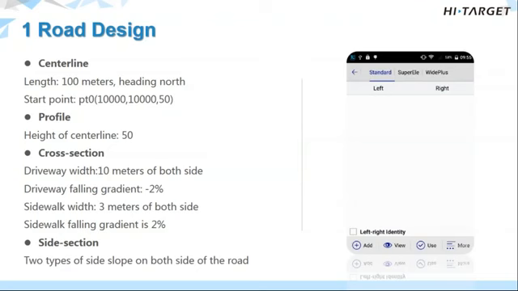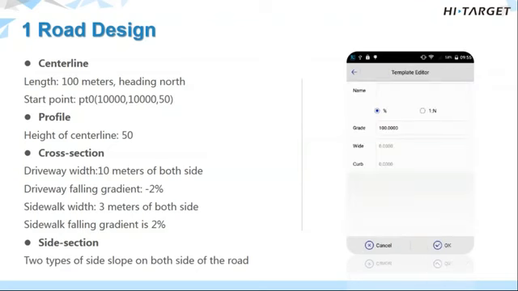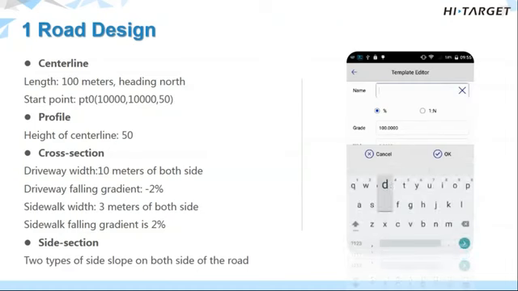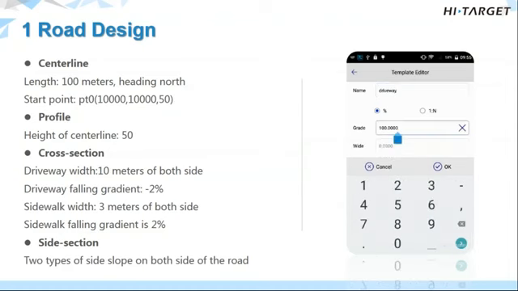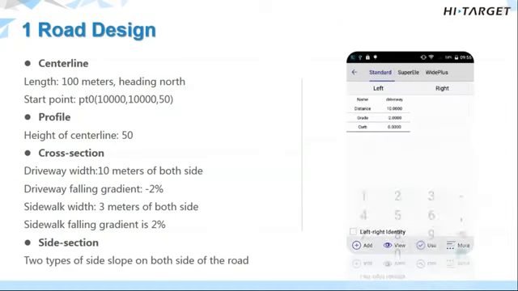The third one is the cross-section. Set the width and falling gradient according to different road types. And if the road is symmetrical, you could just set one side and then use the left-right identity tool to get another side.